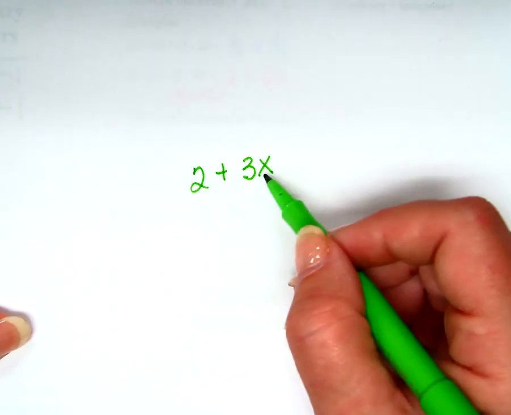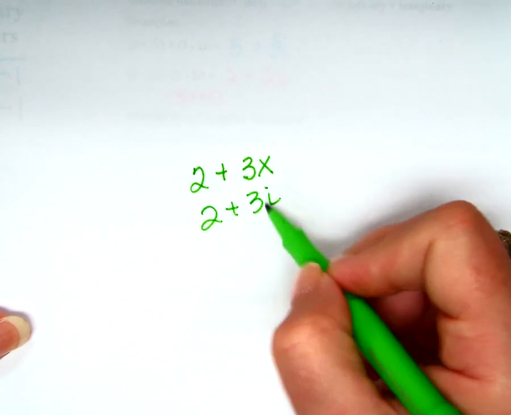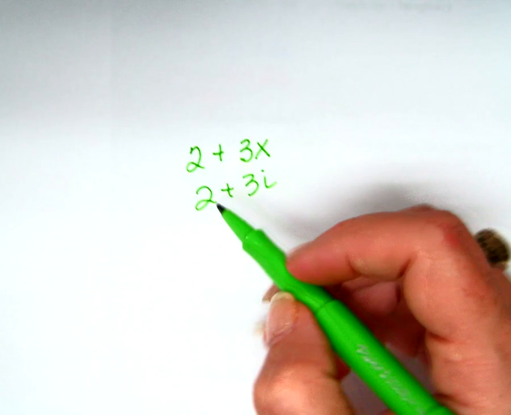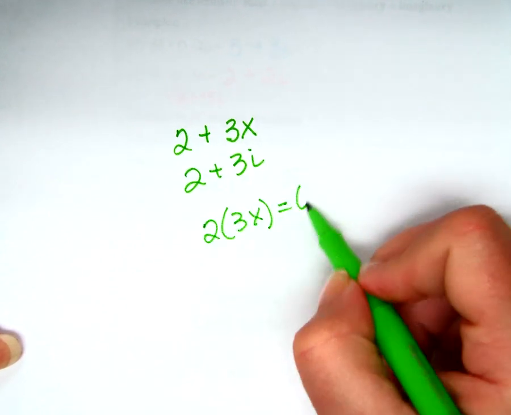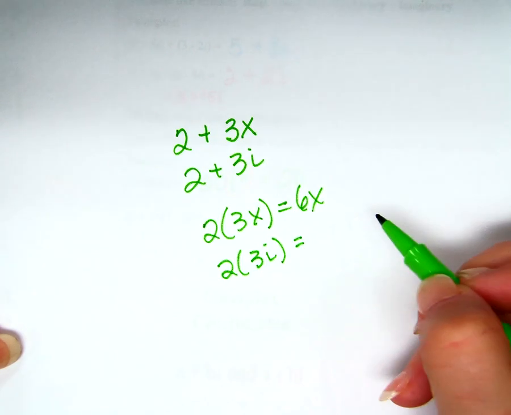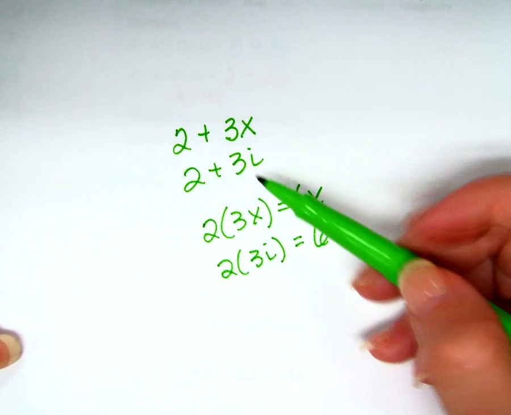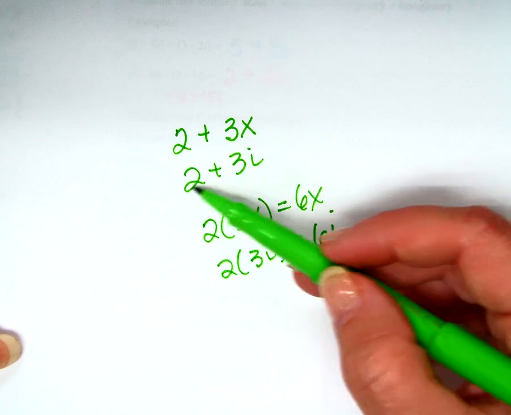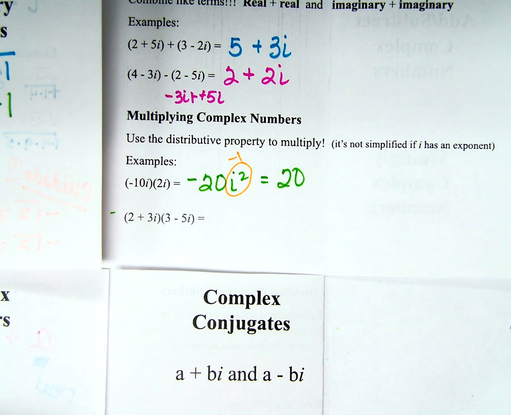So that's kind of an example of when I is acting like a variable, right? We can't add those. What's 2 times 3x? 6x. Can we say 2 times 3i? Yes, we can. Okay? So we can't add or subtract real and imaginary, but we can multiply them. Okay? Now, back to the show.